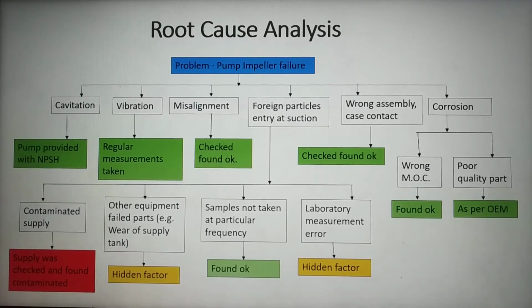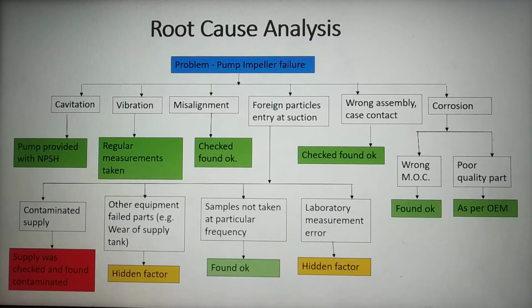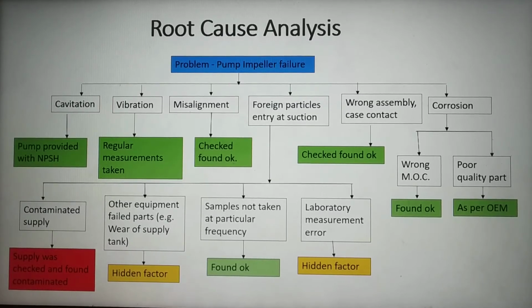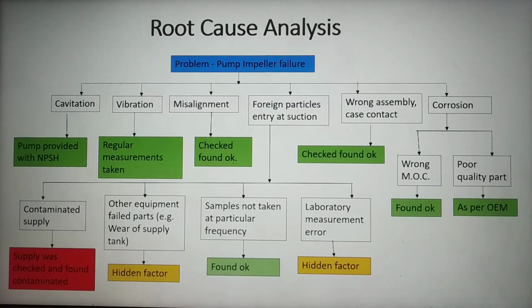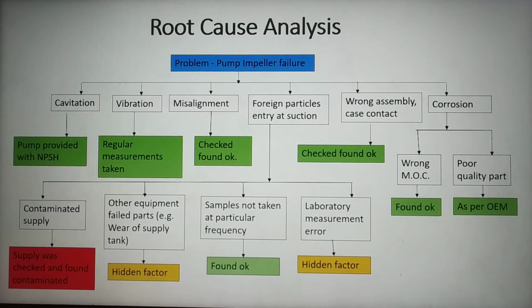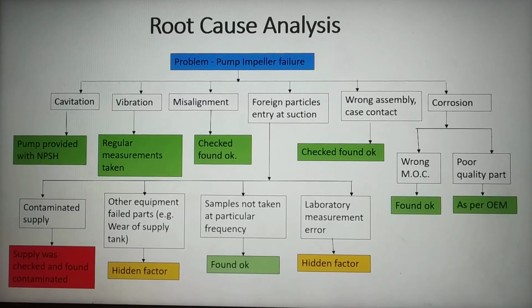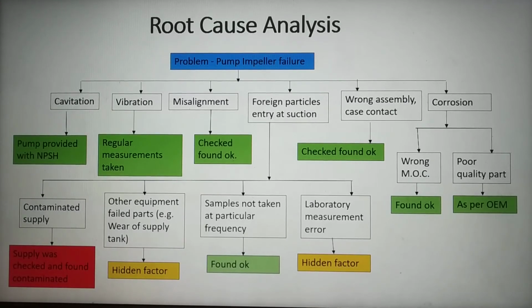There can be other causes also. It is not necessary that there is only one cause for the problem, so we need to check other causes also. So next is other equipment failed parts, for example wear of supply tank. What it means is there are other equipments also which are connected to this pump and the liquid flowing through that.